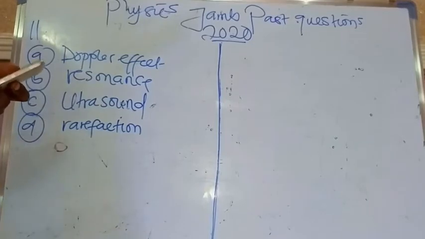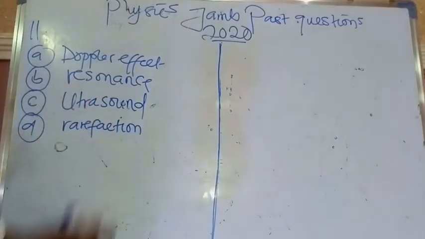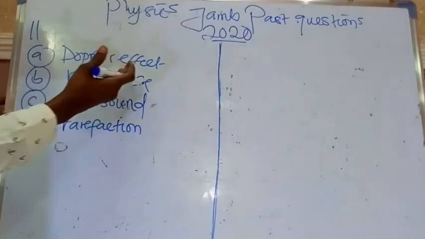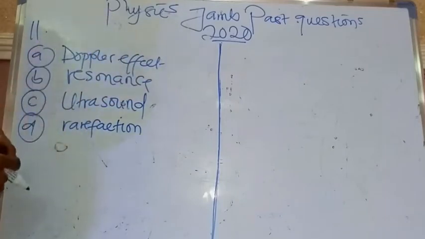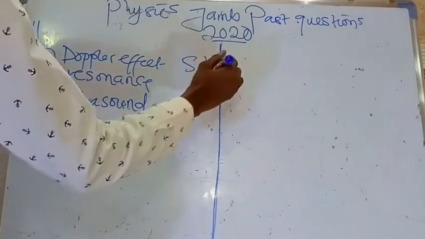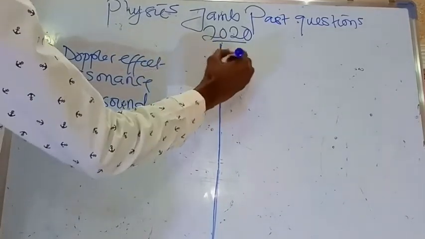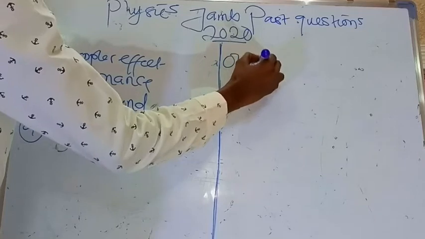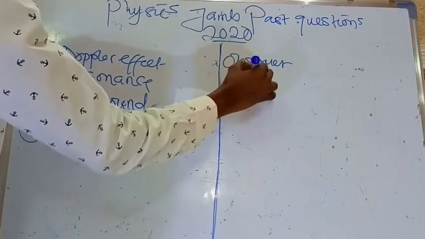Question 11. If a source of sound is moving, a stationary listener will hear a sound of different frequency. This is called: A, Doppler effect, B, resonance, C, ultrasound, and D, rarefaction. You see, the Doppler effect entails changes in the pitch of sound in a relationship between an observer and a source.